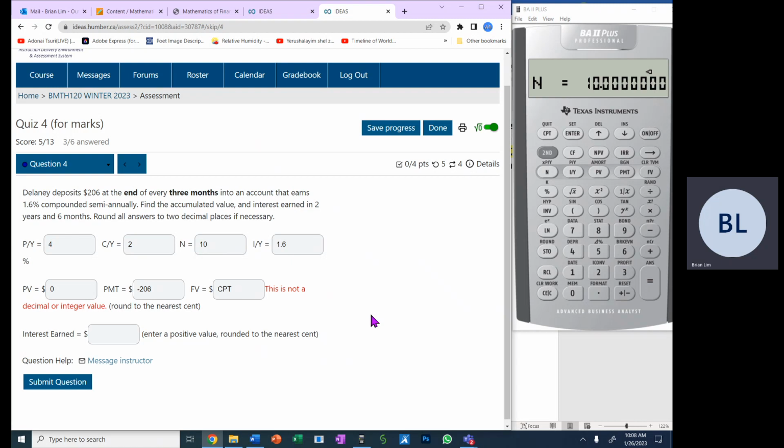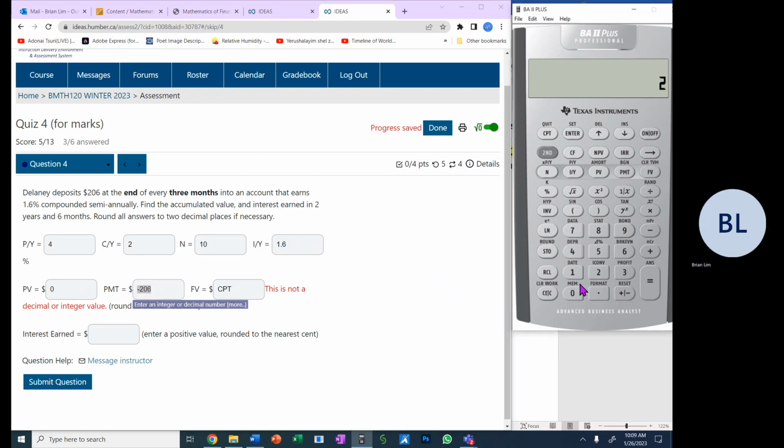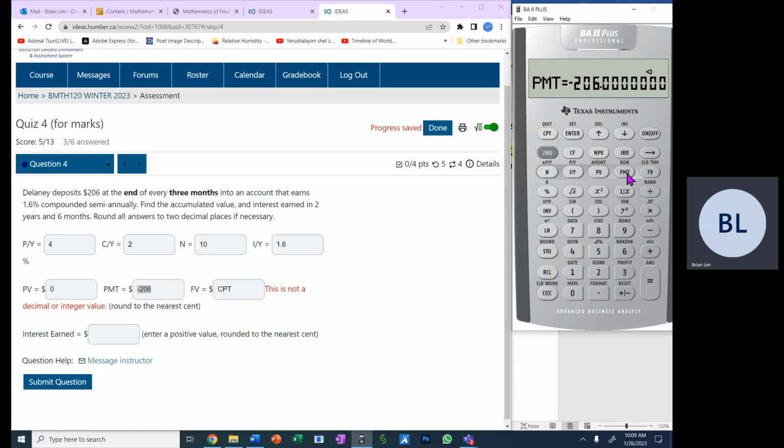All right, so let us now go to the next item to insert, which is the 1.6, and that is IY. Present value, yes, we put in our 0. Payment is negative 206, so we go 206, hit plus minus to make it negative, and then we click on payment.